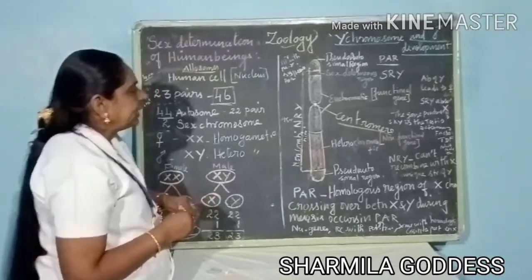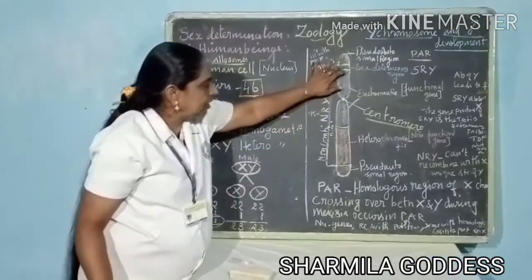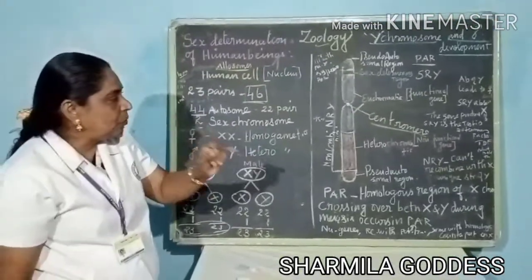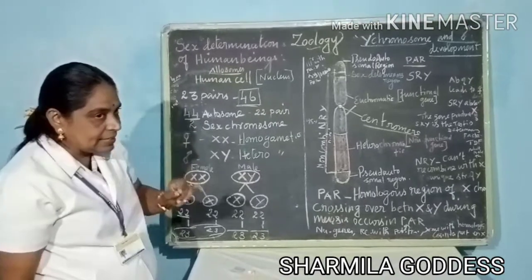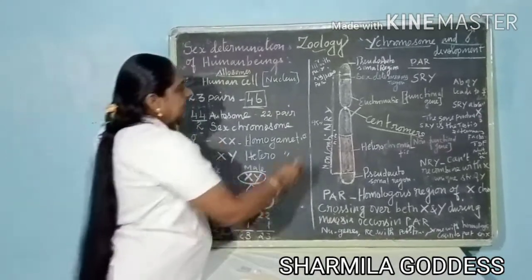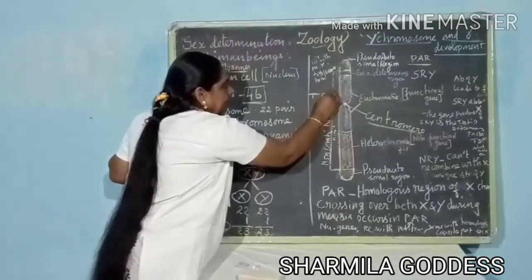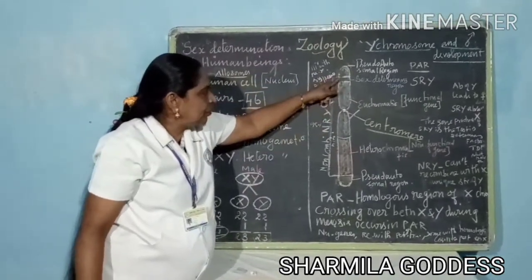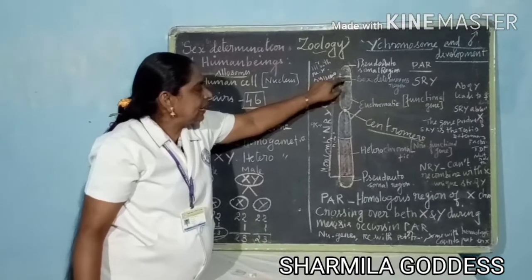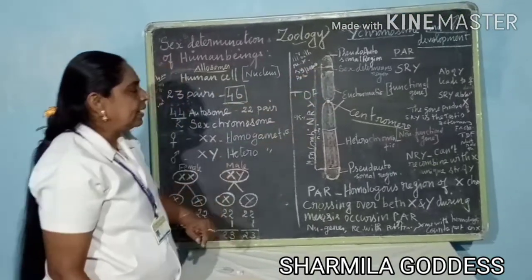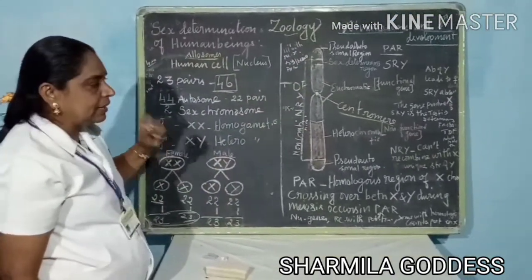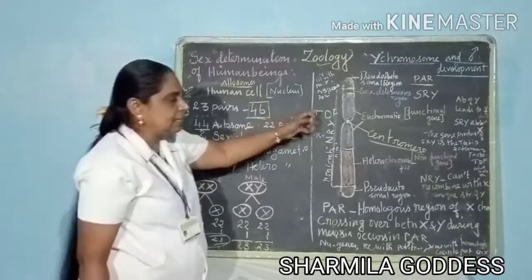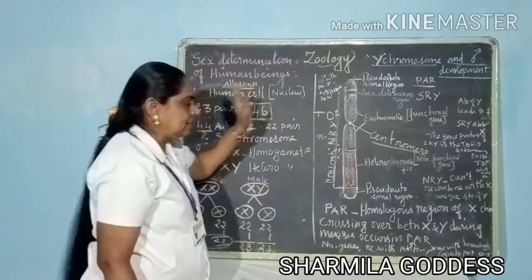The gene product of SRY is the testis determining factor, that is TDF. This TDF is present in the adult male testis.